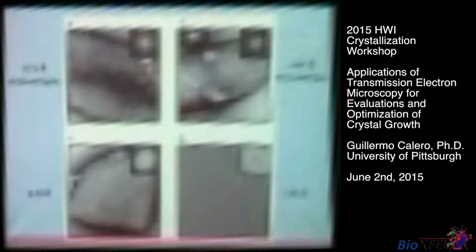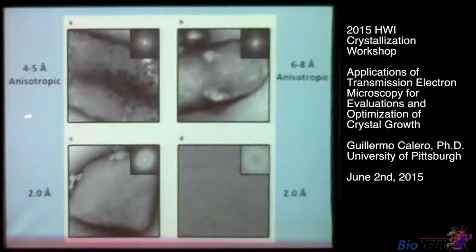So here are more examples of lattices that we observed, and we also took them to the synchrotron to see if we could correlate in some way the FFTs or the lattice with the diffraction at the synchrotron. In this case, we have a 4 or 5 angstrom diffraction of these crystals, and you can see the FFTs are clearly anisotropic, and the diffraction was anisotropic.